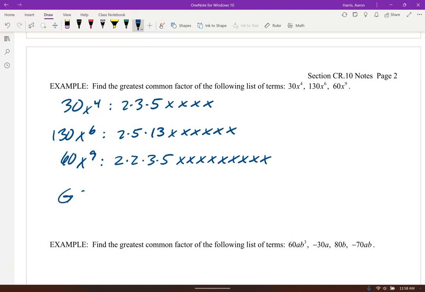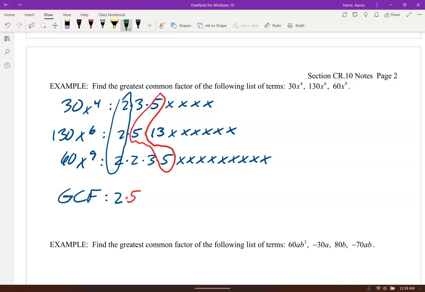All right, so the greatest common factor. They all have a 2. And it looks like they don't all have a 3, but they all have a 5. And then how many x's do they have in common?